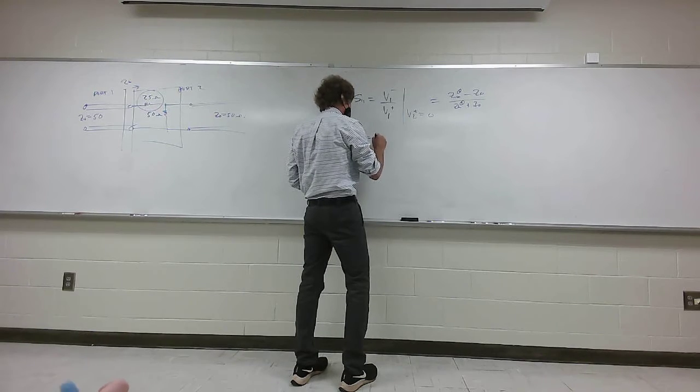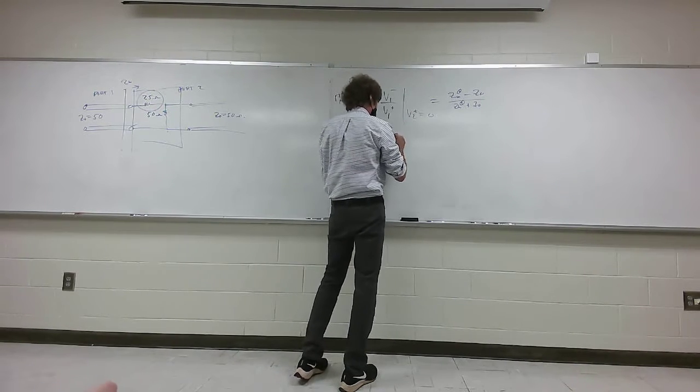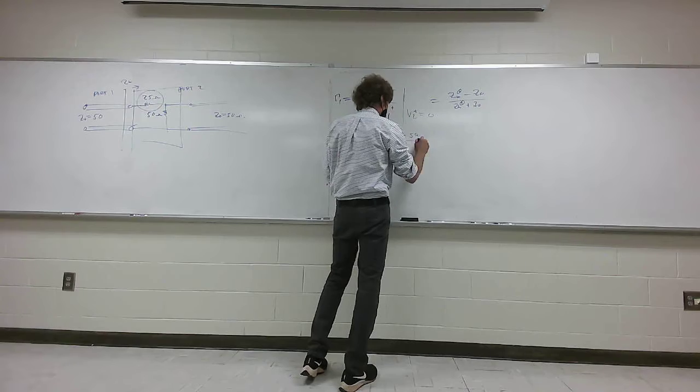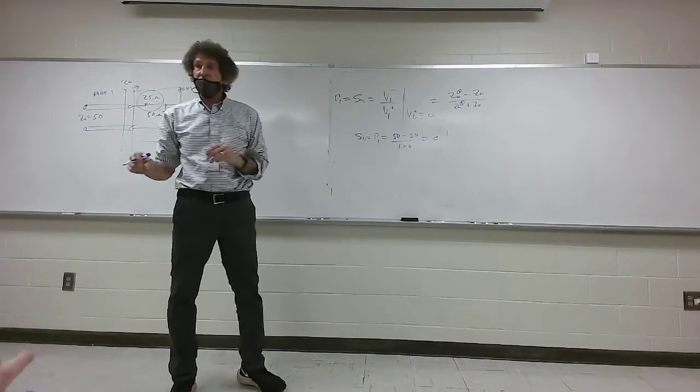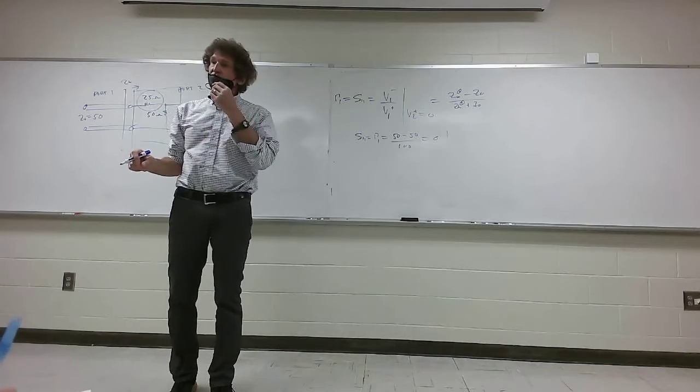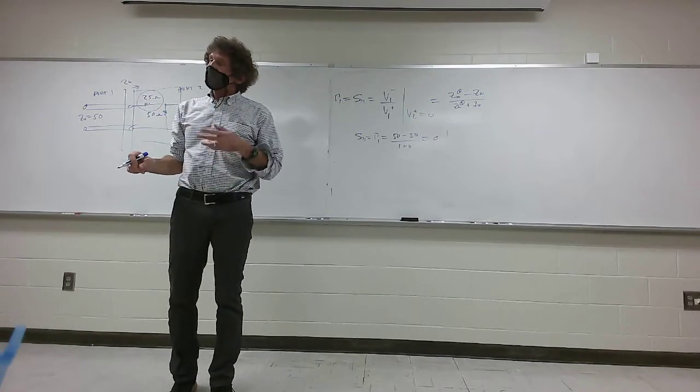S11 equals the reflection coefficient for port 1. Now I have 50 minus 50 over 100, or 0. That is ideal. That's what you'd like. There's no reflection. That's not always true.